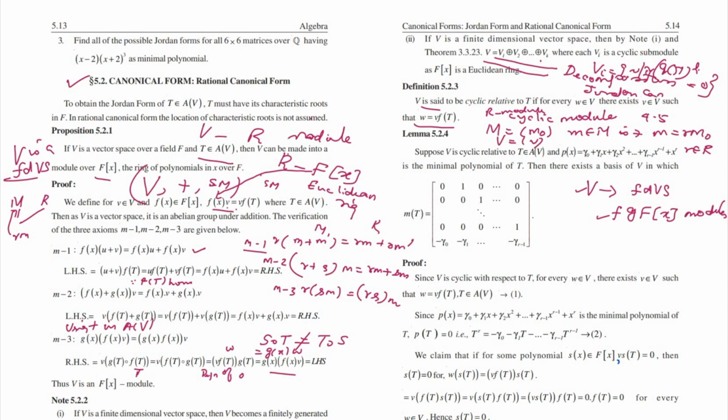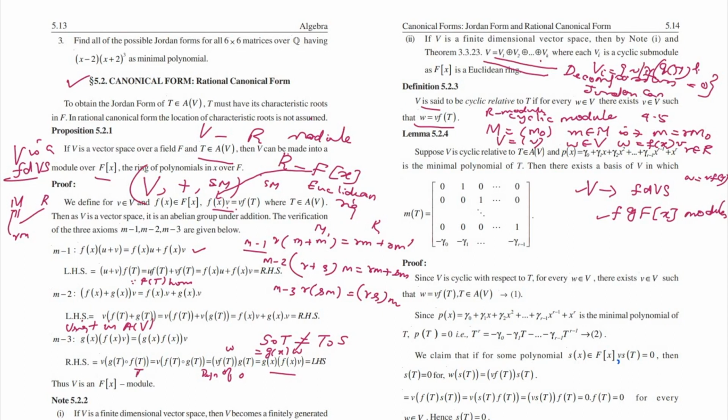Or whenever I consider any element, say W in V, if I am able to write my W as f of x v, in the place of R I have f of x, so f of x v. But we know already that this f of x v is V f of t, so that W is written as V f of t, the image of V under f of t.